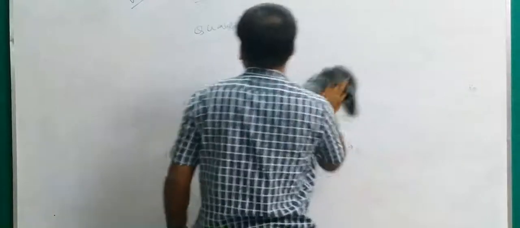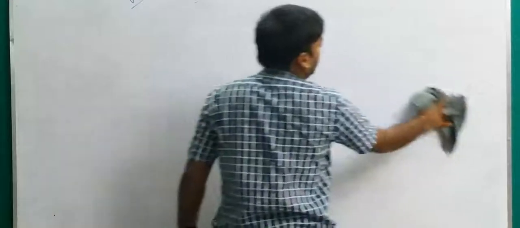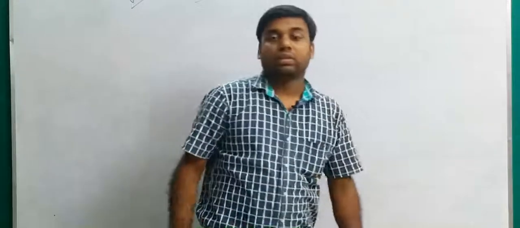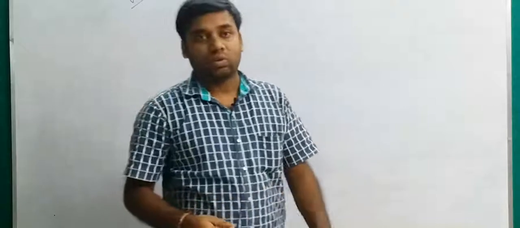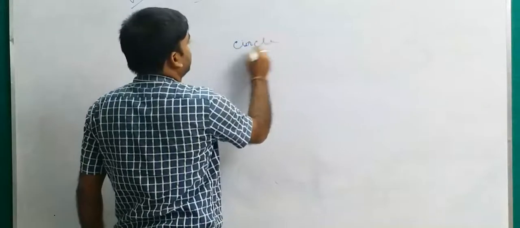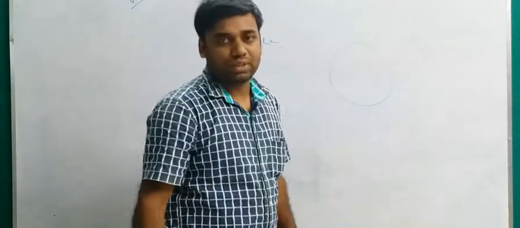So a quadrilateral is a polygon having 4 sides, and the sum of its angles is 360 degrees. Now next is circle. What is a circle? First of all, a circle is a round shape figure.